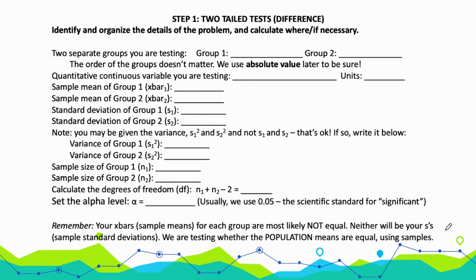Again, a few reminders. Your x bars, your sample means that you get for each group, are most likely not going to be equal. Neither will your s's, your sample standard deviations. That's okay. We're using these sample statistics to test whether the population means are equal using those samples.